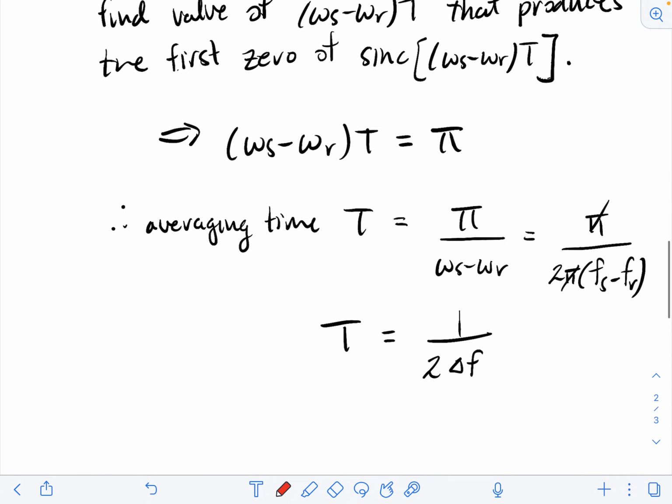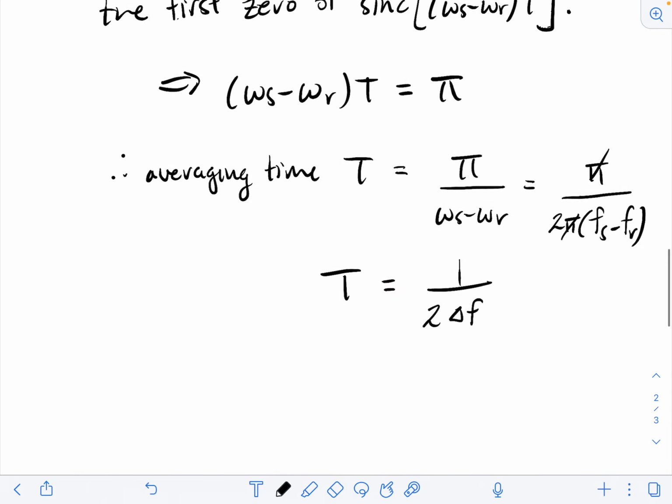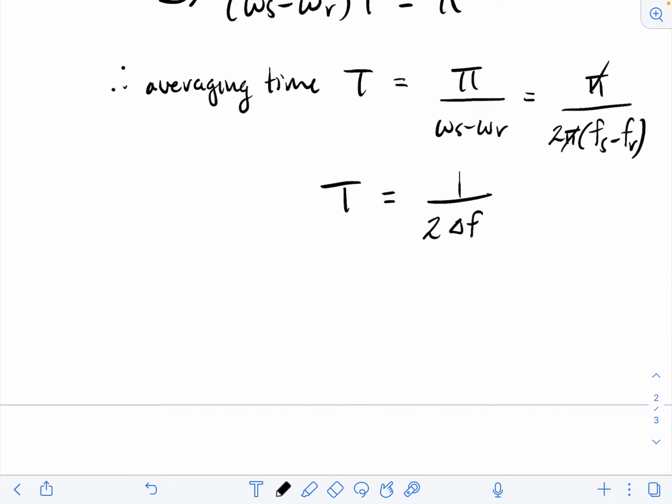Okay, so if we want to make delta f small so that we accept only signals that are very close in frequency to the reference signal, then we have to average for a long time. Intuitively that makes sense.